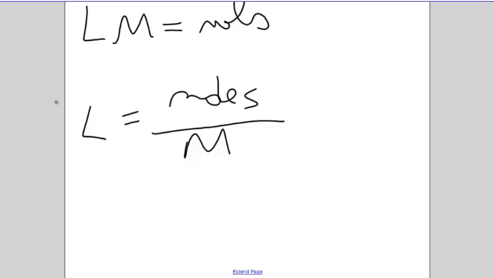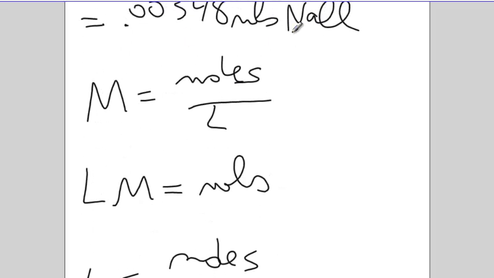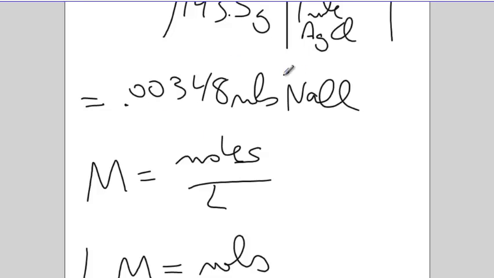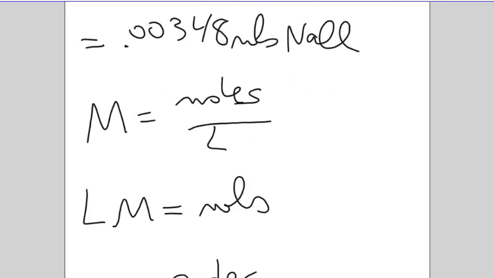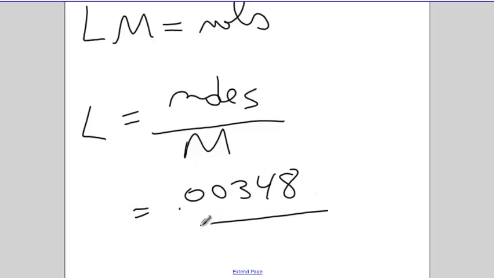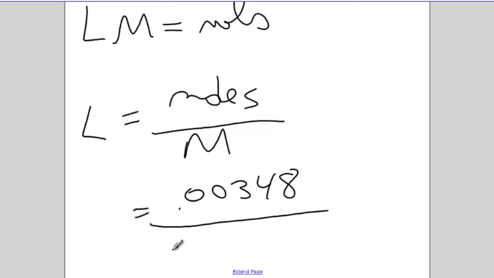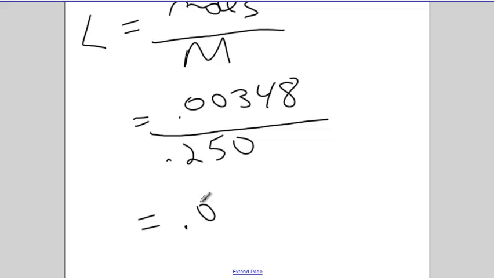I want to know how much of that 500 mils contains that much moles, 0.00348. So what I can say is 0.00348 divided by the molarity, which is 0.250, is 0.0139. Don't forget your figs here.